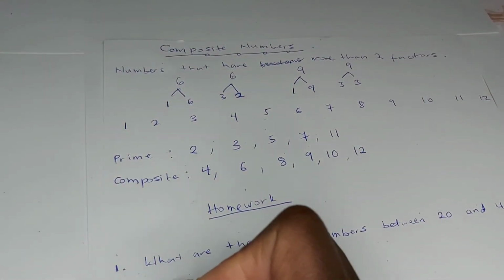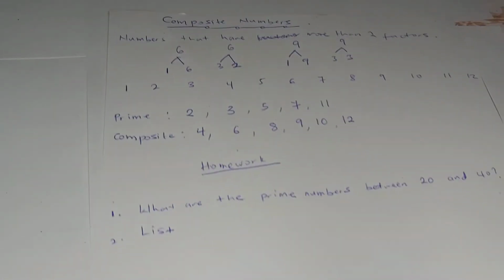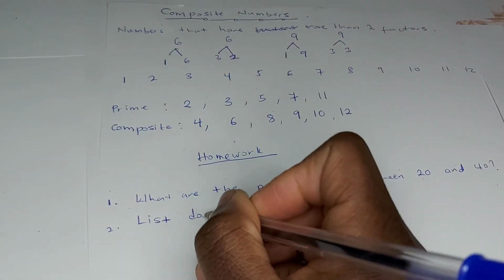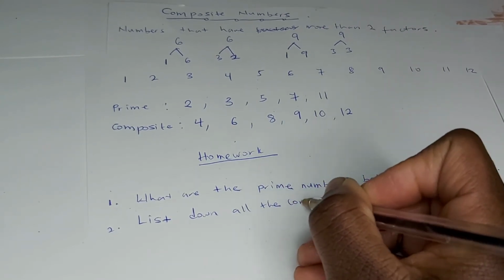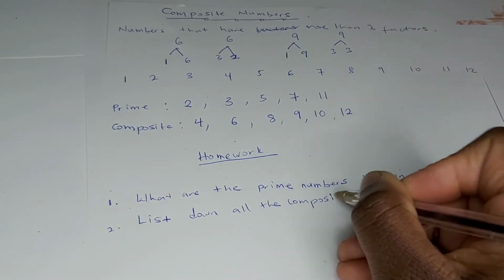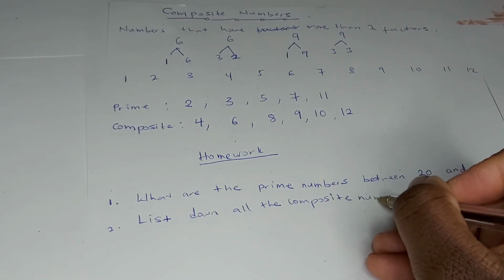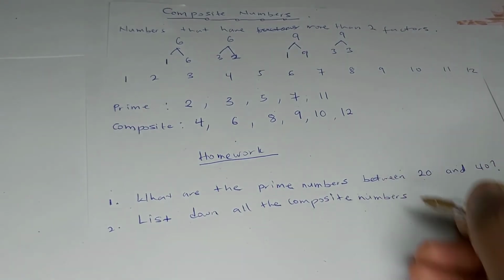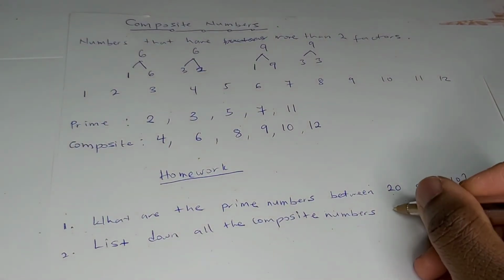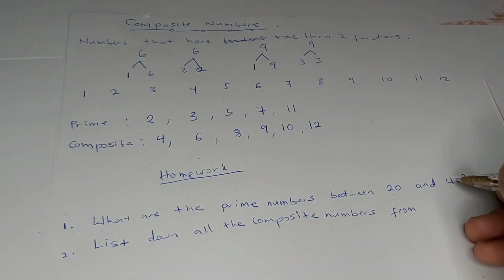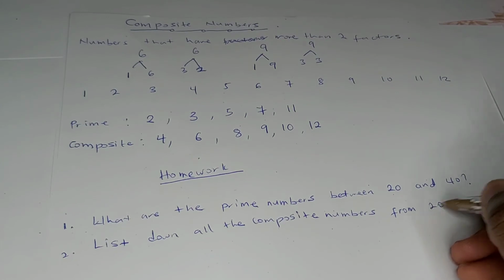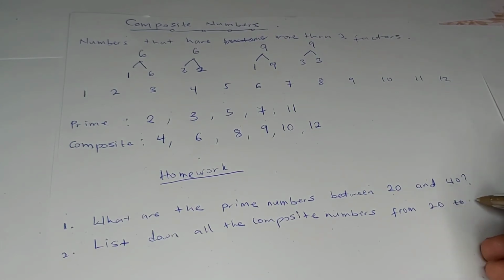Okay, number 2: list down all the composite numbers from 20 to 40. Yeah, very simple.